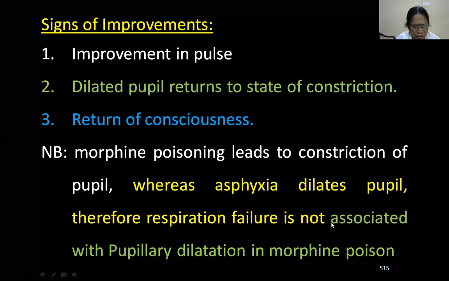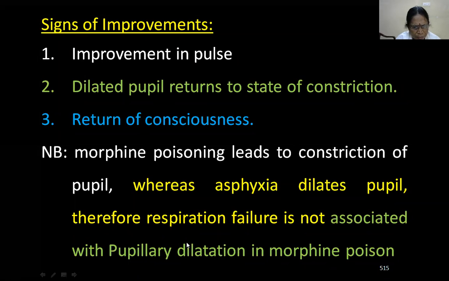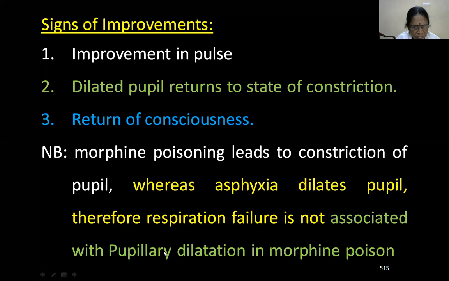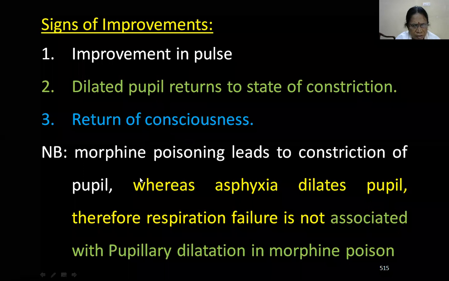Therefore, pupillary dilatation is not associated with respiratory failure in morphine poisoning. Suppose it's a case of morphine poisoning, the pupil may not be dilated. Only asphyxia due to other causes may be associated with pupillary dilatation, and we shine a torch in the pupils and see whether they are in a constricted state or not. In morphine poisoning, it's already in a constricted state.